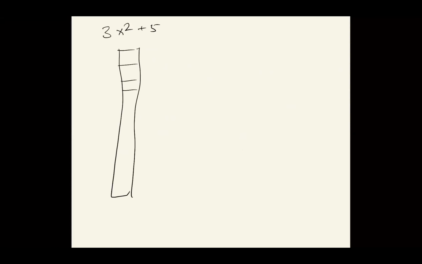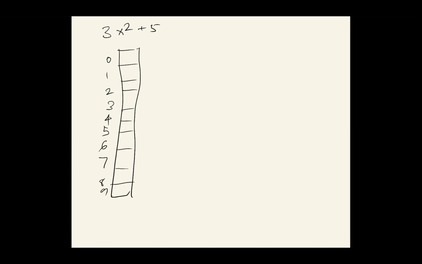I have a function 3x squared plus 5, and I want to do it for every element of the array. So you have this array, 10 values: 0, 1, 2, 3, 4, 8, 9.